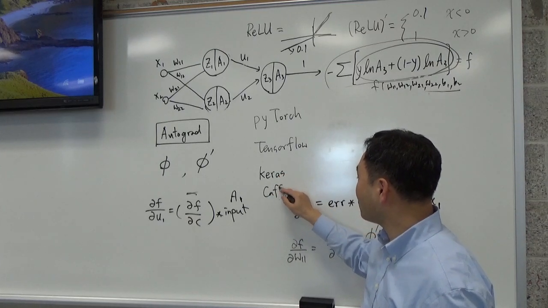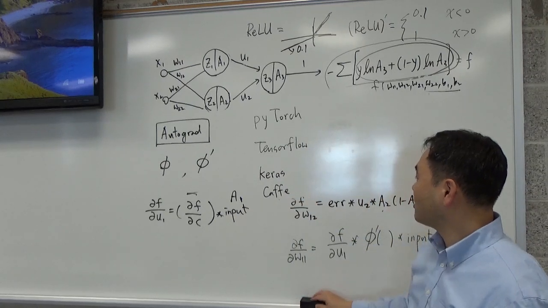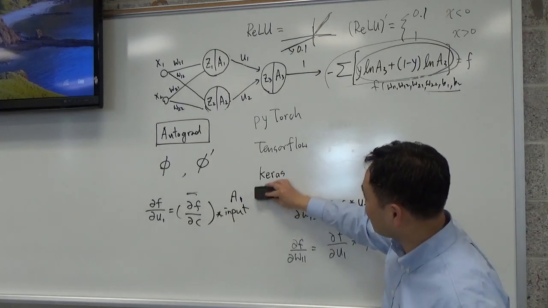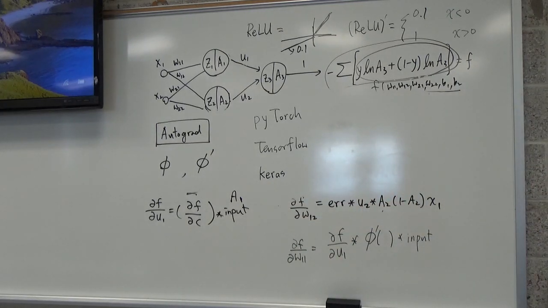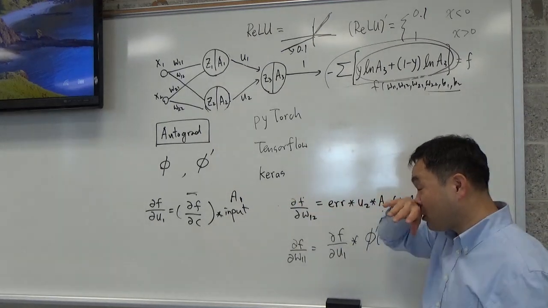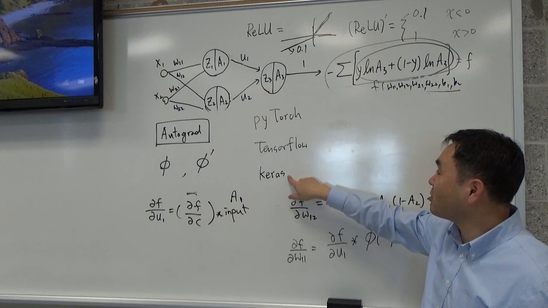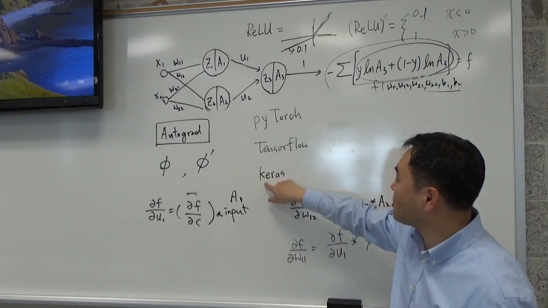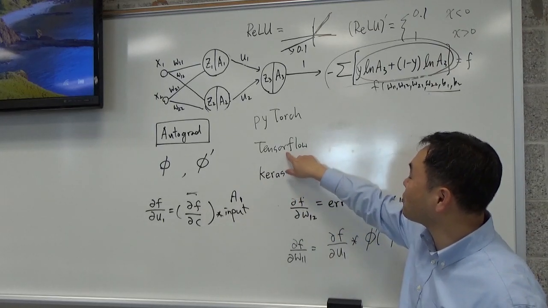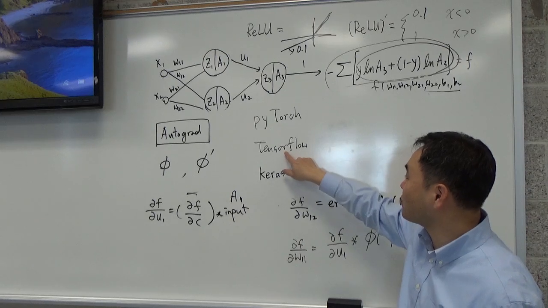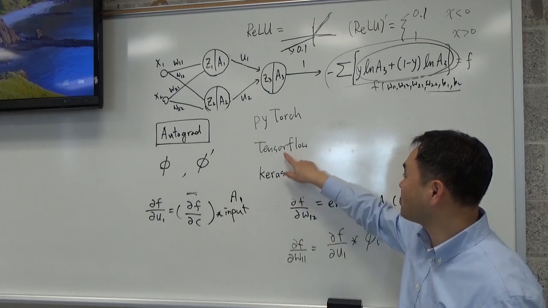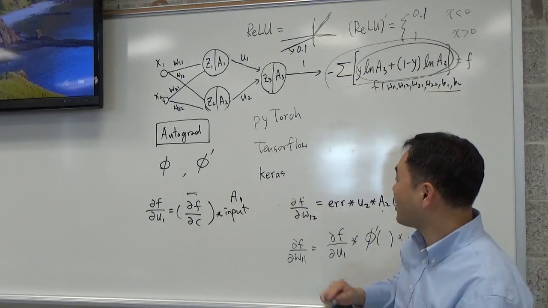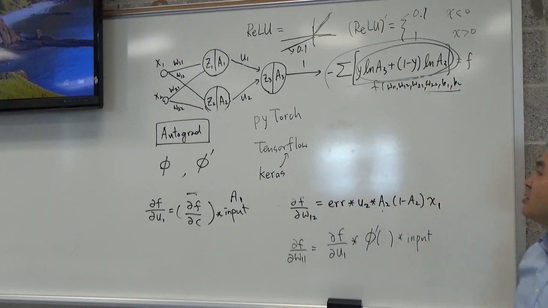Like for a while, Caffe was pretty popular as well. I'm not so sure about the spelling. Now they don't use Caffe as much. There's something called Keras, which was a separate package that was made because TensorFlow was somewhat hard to make and hard to use. And later, the TensorFlow team looked at Keras and said, hey, this is so nice. Can we just have it included? So now Keras is included in TensorFlow.